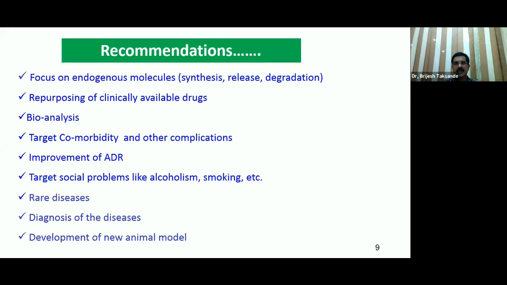Rather, insulin receptors are present in the brain, which can play a very important role in the regulation of cognition. It can play a very important role in the maintenance of brain homeostasis, right?